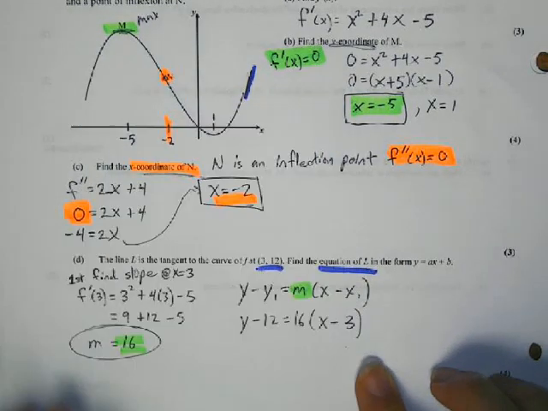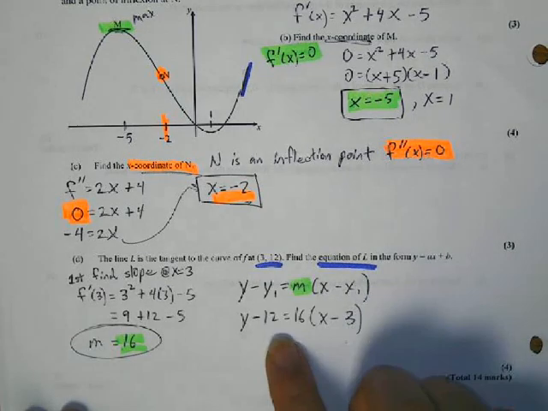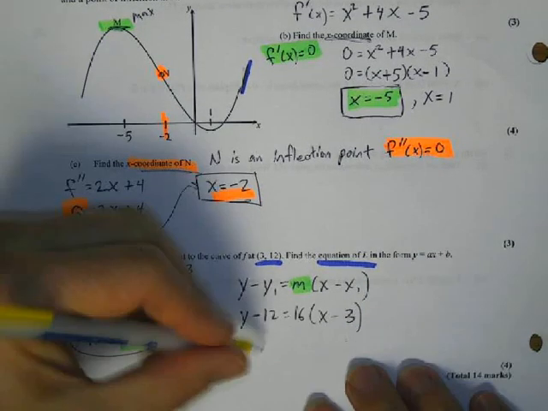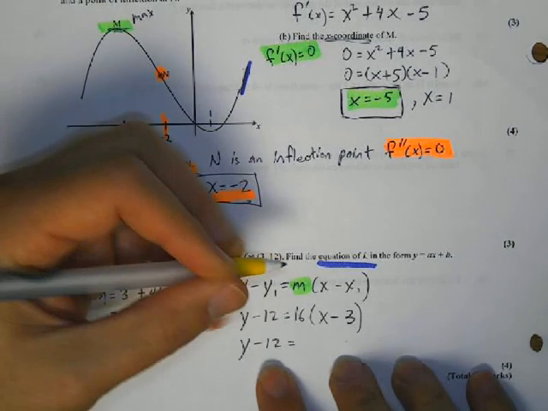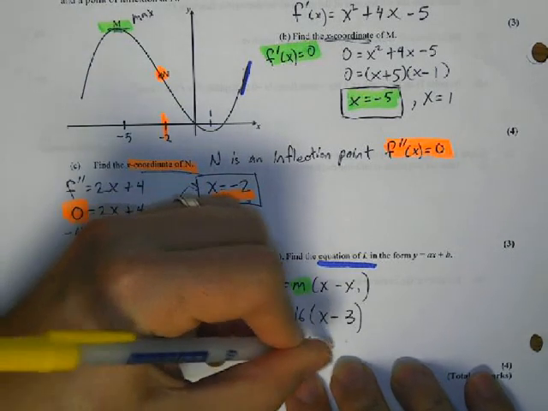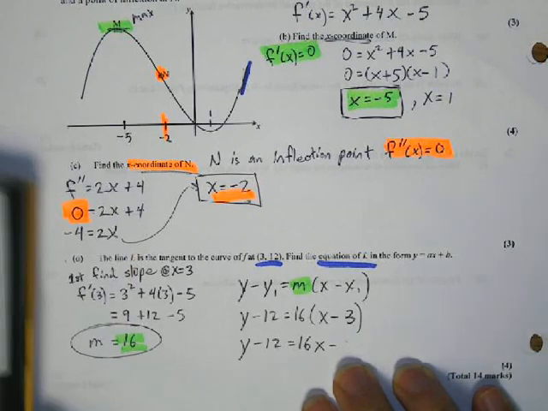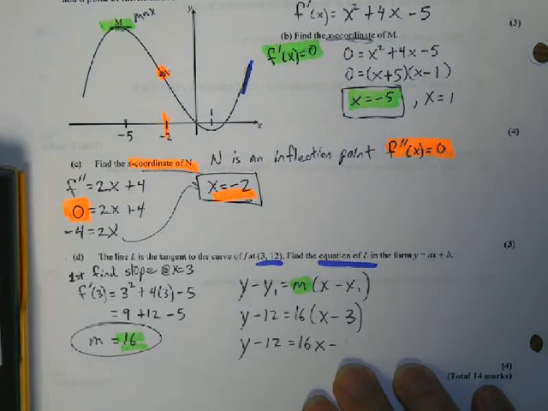I'm plugging in the y of 12 and the x of 3. So y minus 12 equals 16x minus 3 times 16, which is 48.